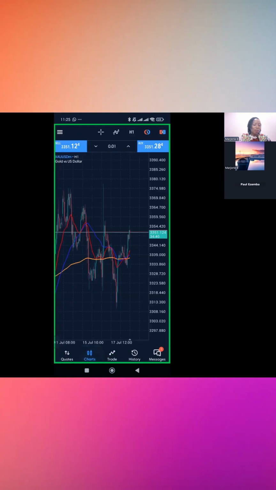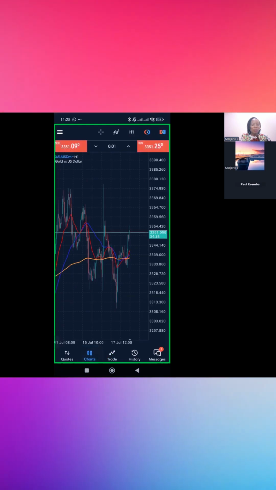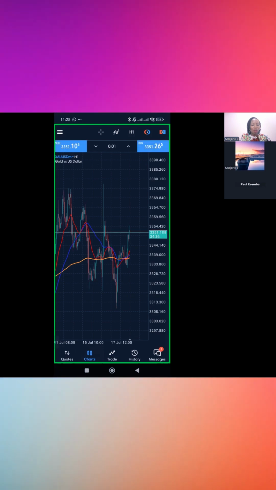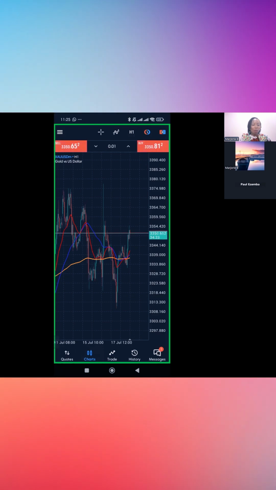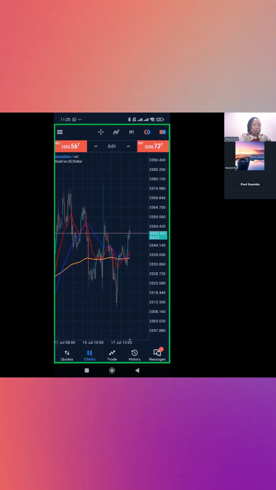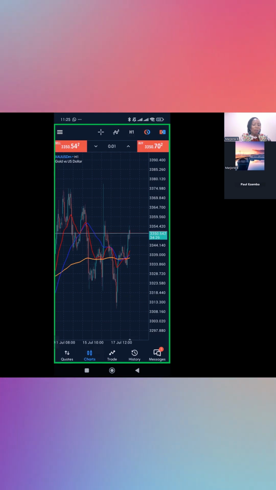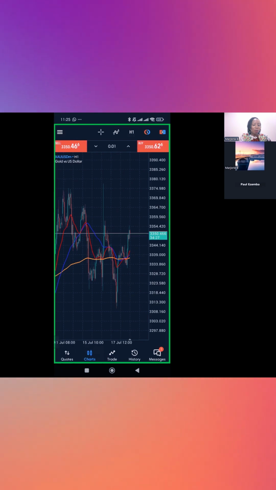Then what else? So that's the thing with MT5, it's basically the same thing, but it gives that advantage that you can easily take your trades on it, and then you can also come here on the chart and take your trades.